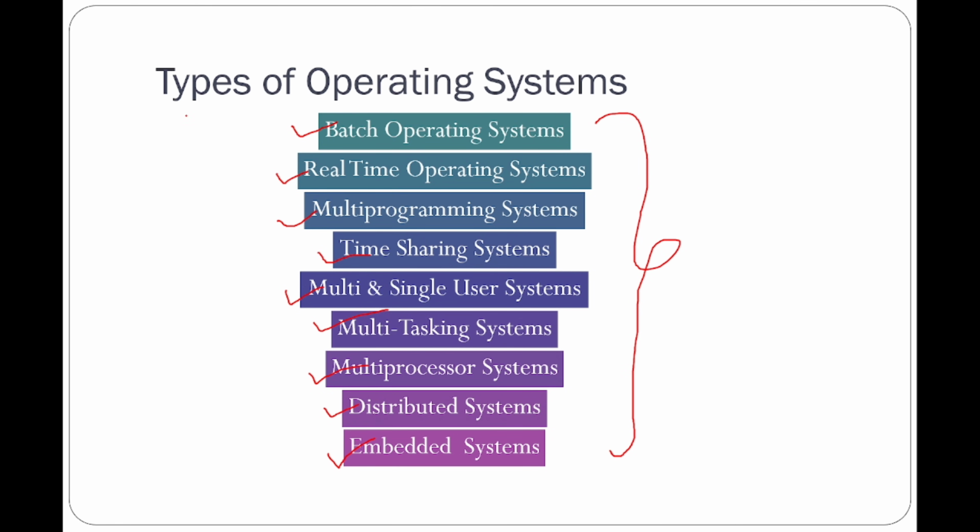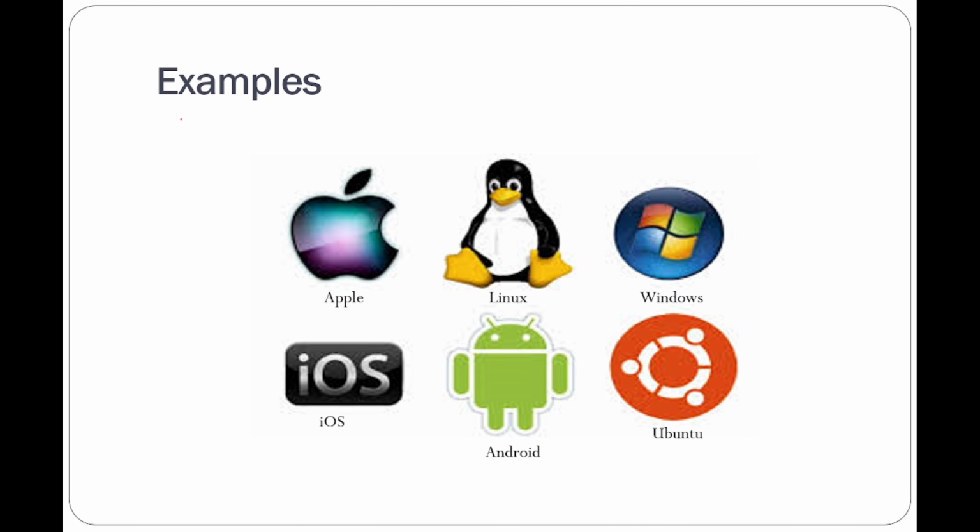Do not get confused with the previous slide. These are the examples of operating system, that is operating systems which we can actually purchase for our hardware. These are the companies which are giving us the operating system. So we have Microsoft Windows, right?